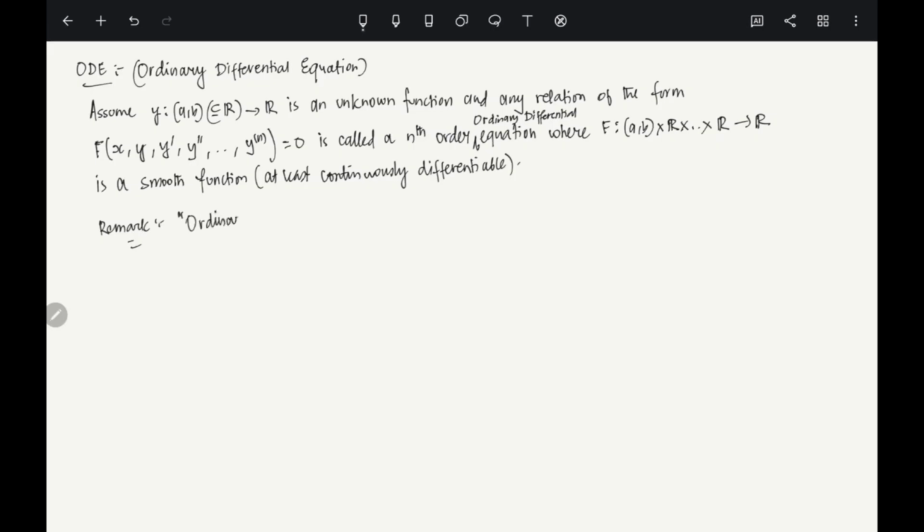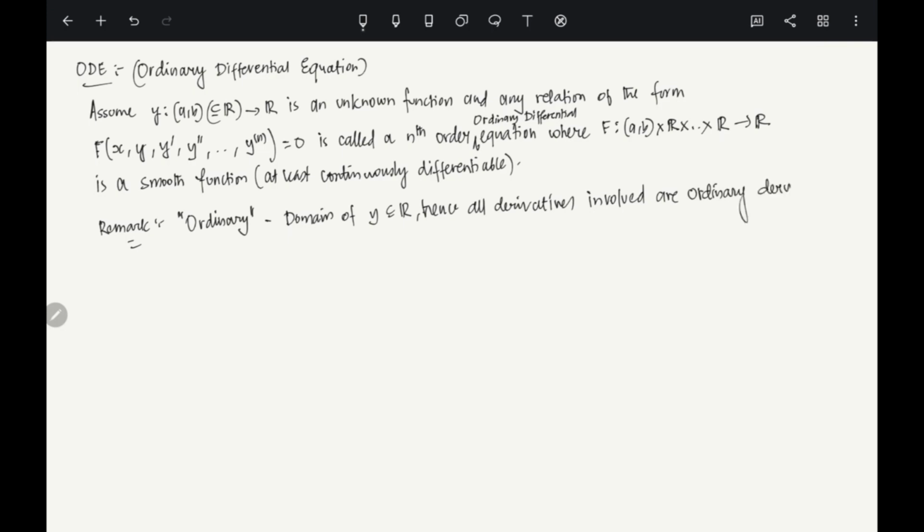This is because we are looking for a function y which is a one variable function, and the domain is R, or a subset of R. So the domain of y is a subset of R. Hence all derivatives involved are ordinary derivatives, or simple derivatives.